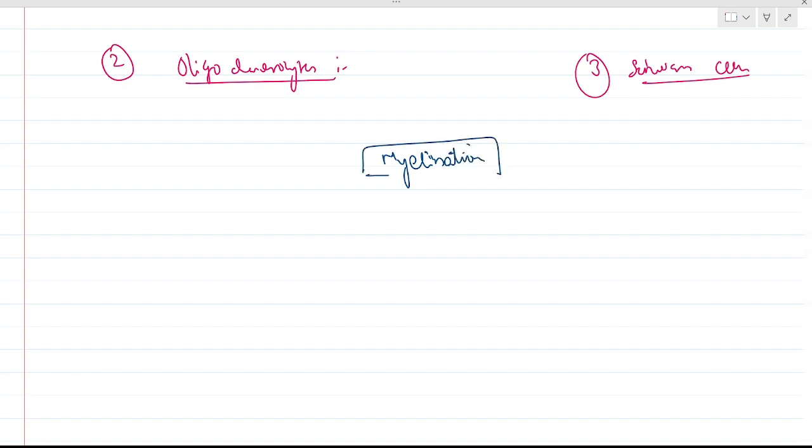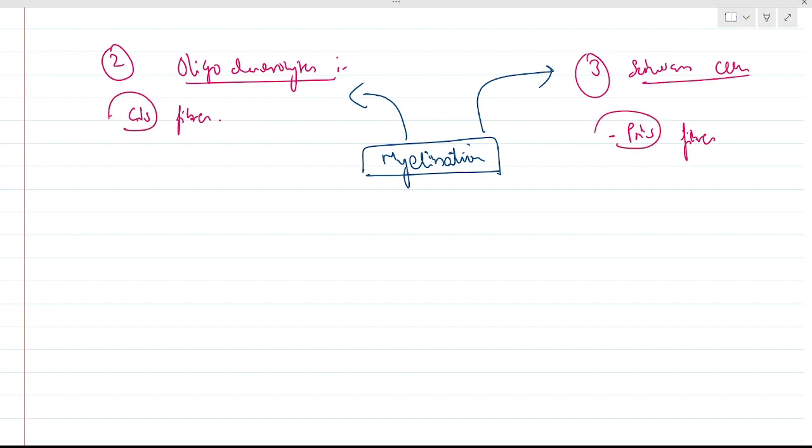We know the myelin sheath around the neurons. Oligodendrocytes do the myelination in CNS fibers, and Schwann cells do the myelination in PNS fibers, peripheral nervous system fibers. That's the job of myelination.